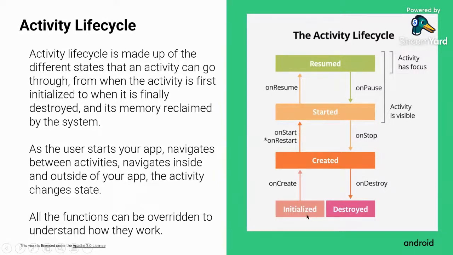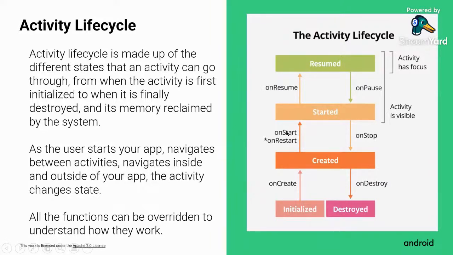So when you first run your app, you have an onCreate function that's called only once. Then you have your onStart function that gets called when your app activity is visible on the screen. Then when you interact with the app with the different views, you have your onResume. When you leave your app open in the background, you would have onPause.